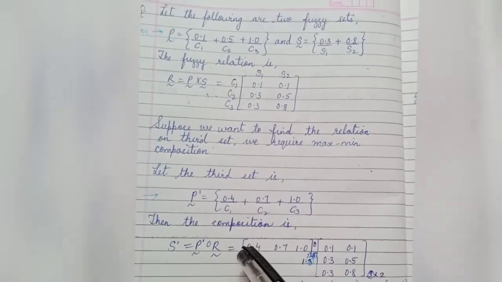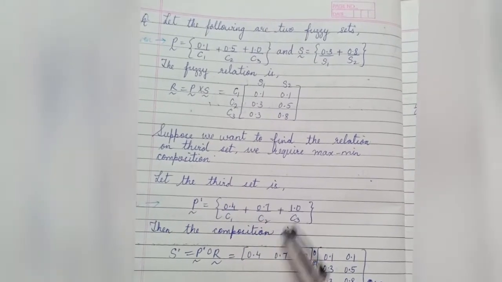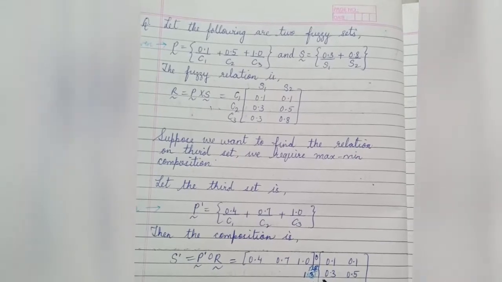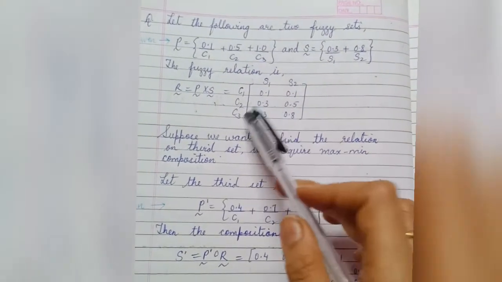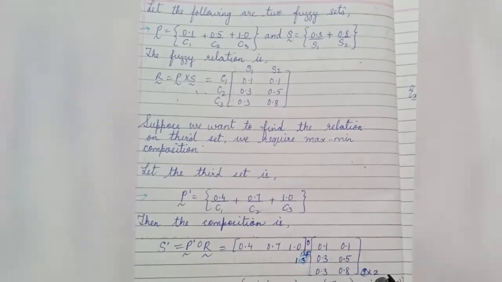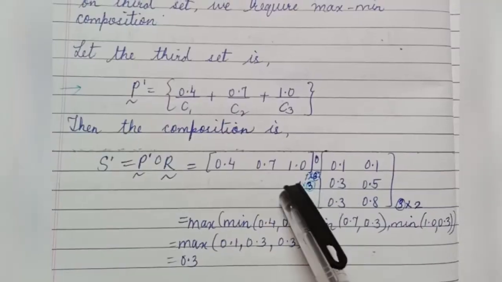So write the P dash set first with the 3 elements 0.4, 0.7 and 1.0. This matrix is of size 1 into 3. Write the relation R over here. This matrix is of size 3 into 2. Now the final relation will be of size 1 into 2.